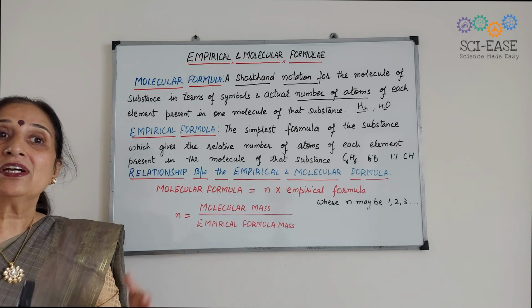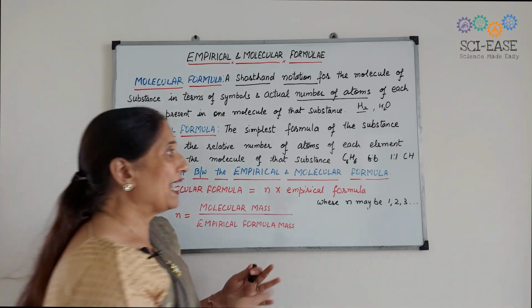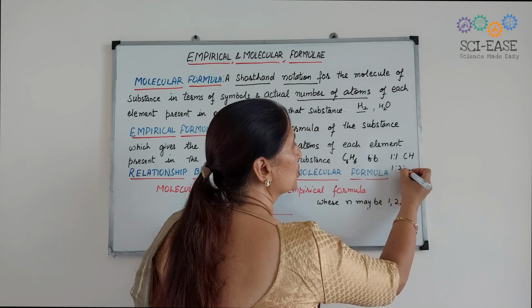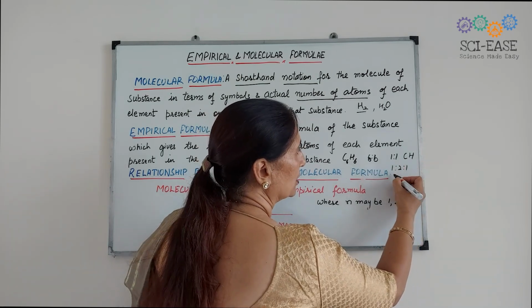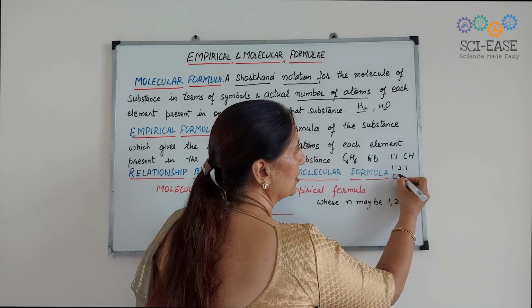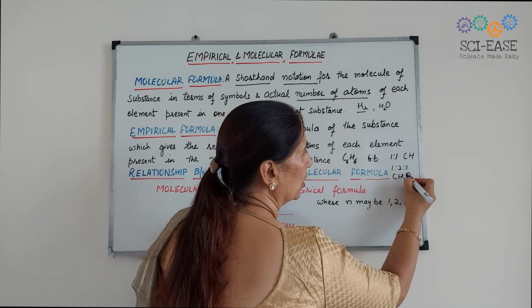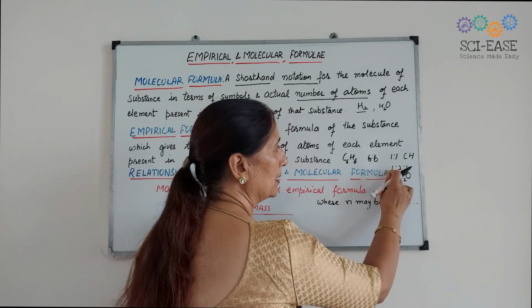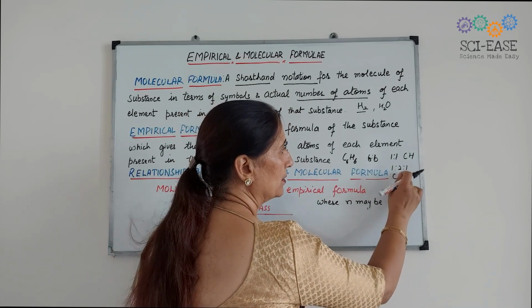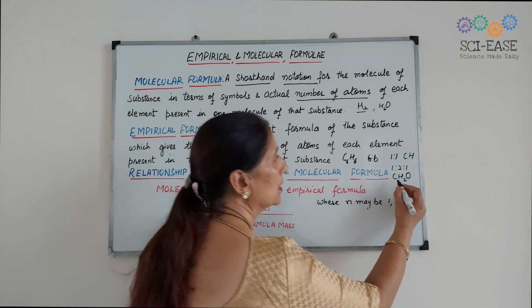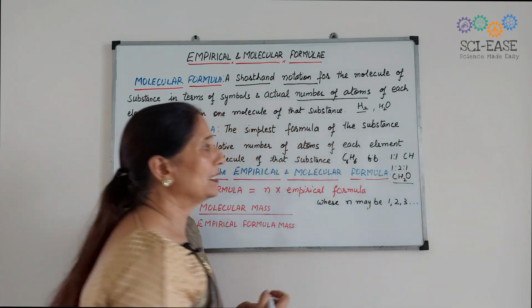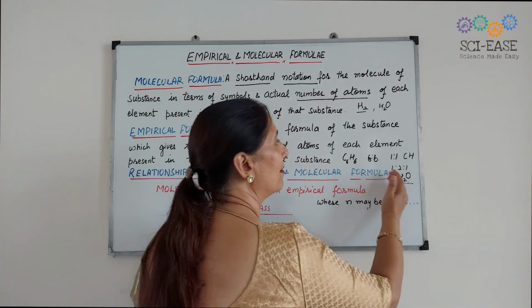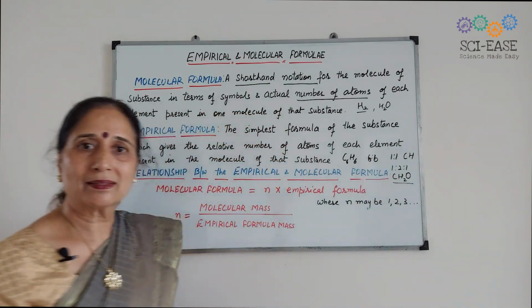If the ratio of some compound is 1:2:1, suppose, then we can write CH2O. The element C is 1 and then 2. So the empirical formula will come out to be like this. So these elements are in the ratio of 1:2:1.